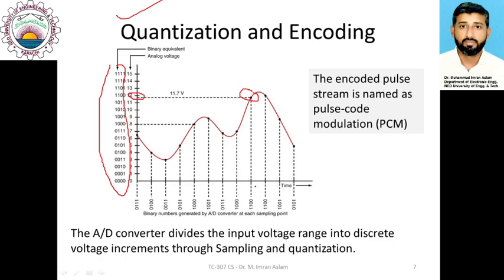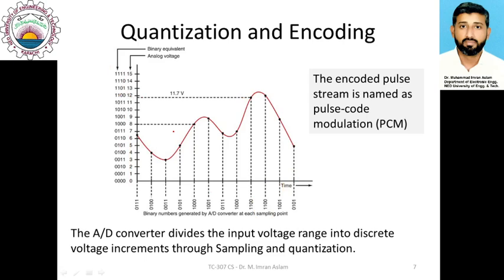So from this sample we will be generating a binary sequence of 1100, which corresponds to voltage level number 12. Similarly, this one can be rounded off to the 5th voltage level approximately. So the binary digits generated from this sampled value after quantization are 0101, which corresponds to the 5th voltage level.